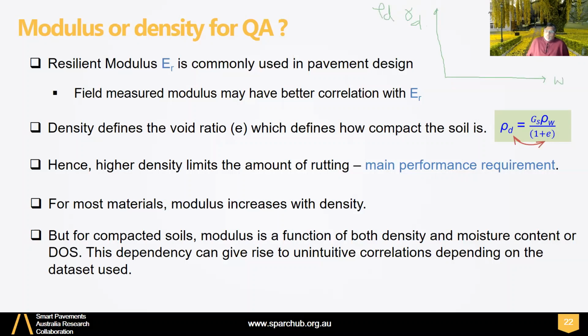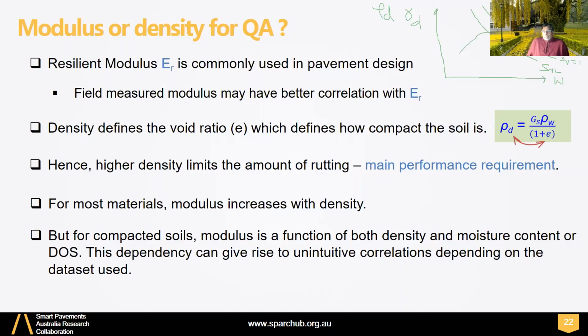I always tell that the constant saturation line should be drawn, and the optimum line should be drawn. Normally they are not drawn when a compaction curve is drawn. When you draw them, you will notice whether your compaction results are right also. So it's good practice to draw them.